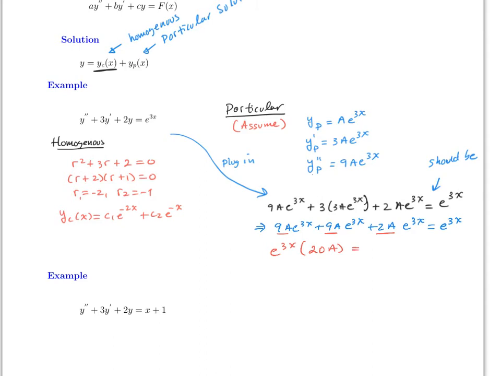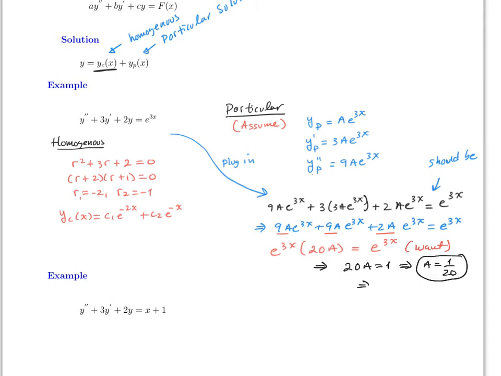And on the other side, you have e to the 3x. So obviously, if you want this to equal this, you have no choice, but that means that 20a has to equal 1, which means that a has to be 1 over 20.